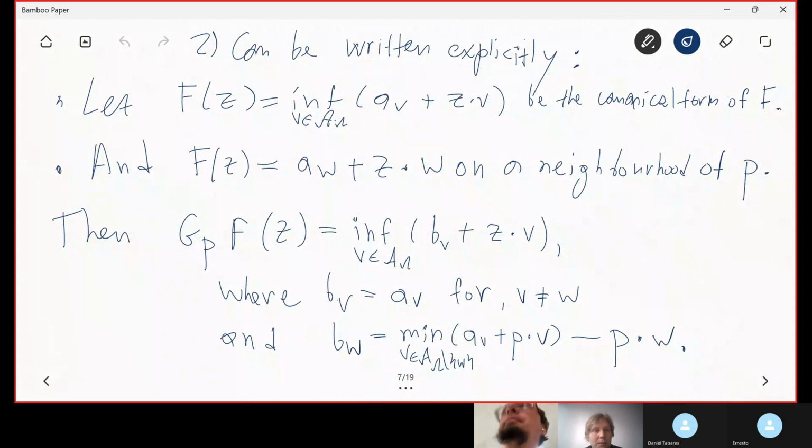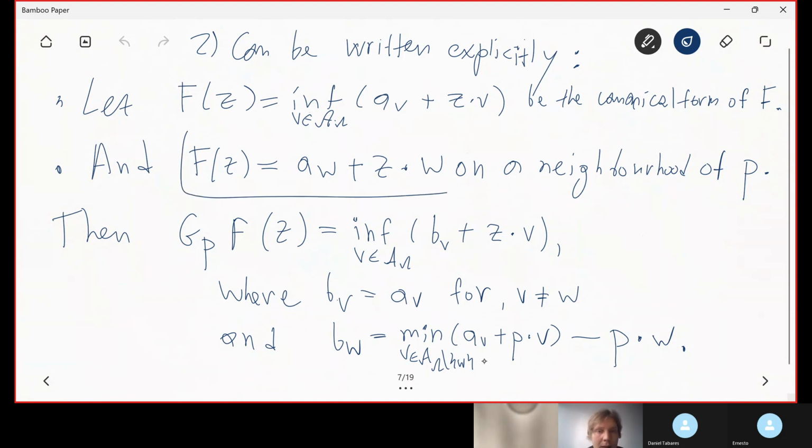So in this second case, where f is not linear at p, you write it in the canonical form, and somewhere in the neighborhood of this point P, it's linear, so it's A_W plus Z dot W. And so what you do, you define G_P F again as an infimum with new coefficients B, which are actually not new for V not equal to W, and B_W is the following formula.